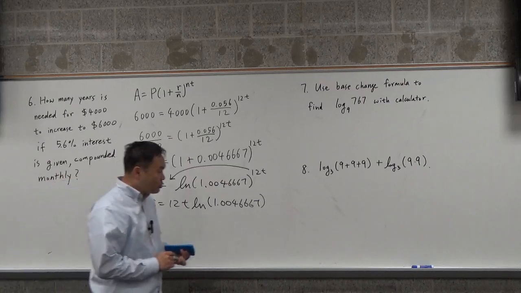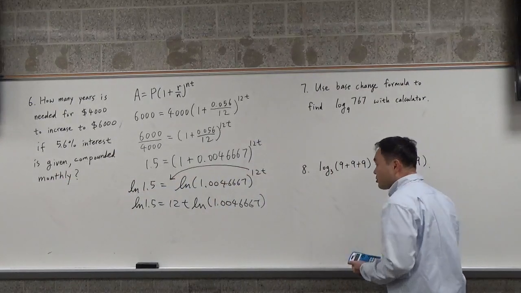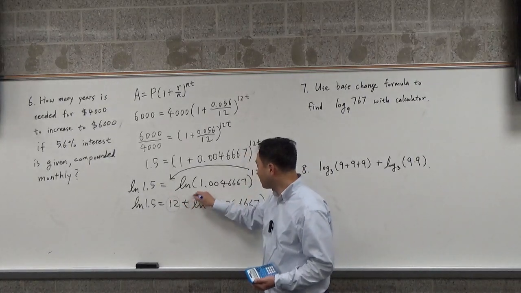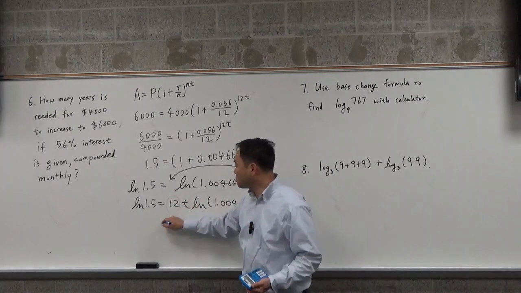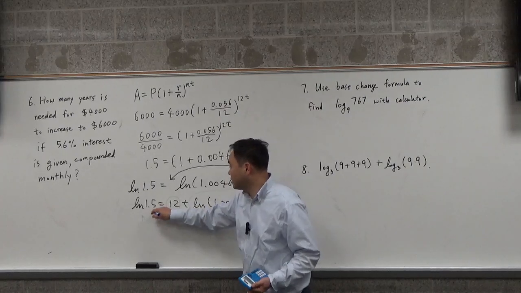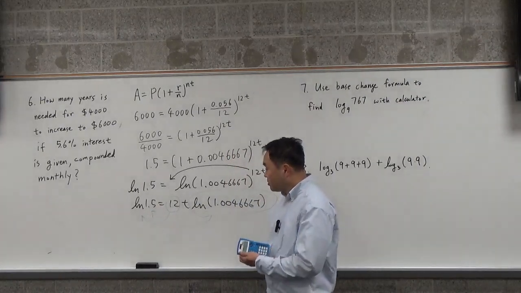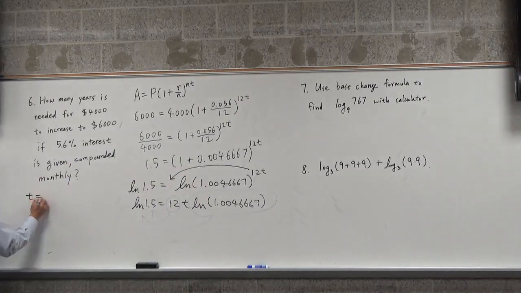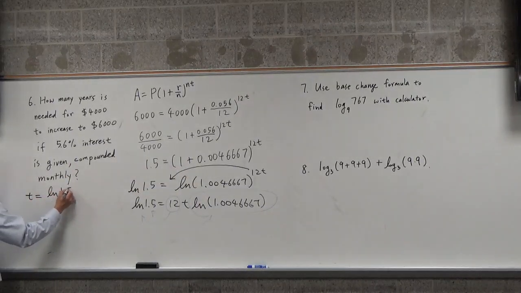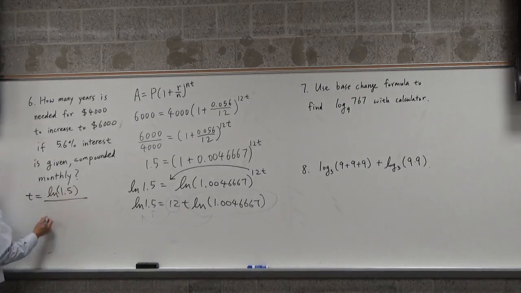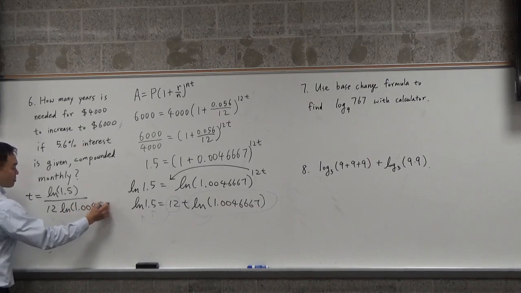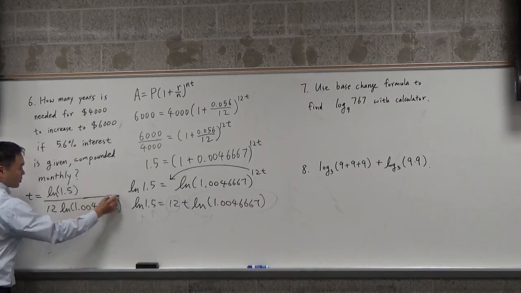And because we're trying to solve for t, we have to isolate t, which means I have to get rid of the 12. I also have to get rid of the ln. These should both be divided to the other side, so that t is going to be ln of 1.5 divided by 12, and also divided by ln of 1.00466667.